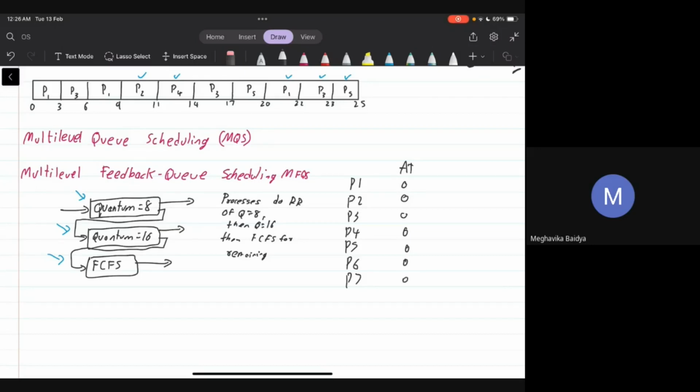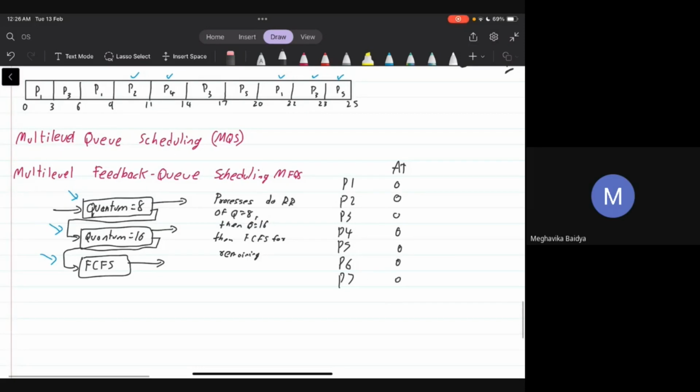And then burst time: let's say this is 20, this is 8, this is 8 again, and then this is 10, this is 2, this is 1, and this is again 8.